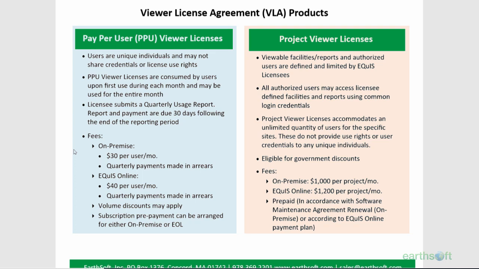good for folks. So backward looking, you're going to run a report, and I'll show you what that report looks like in a second, that says how many of these third parties actually took advantage of their viewer licensing over the course of that period, and then payments are based on that number. Fees start at $30 per month, and of course that's not with government discounting.